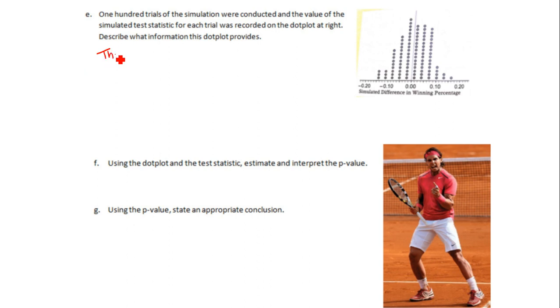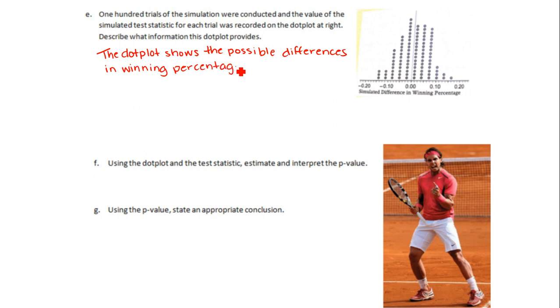So we would say the dot plot shows the possible differences in winning percentage that could occur by random chance, assuming that he has the same ability on both types of surfaces.